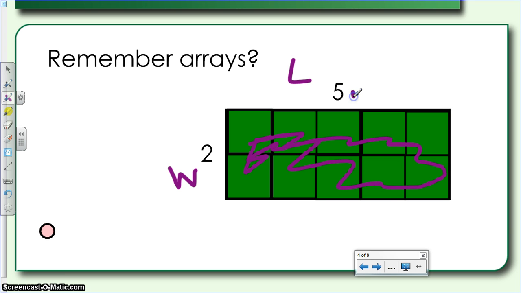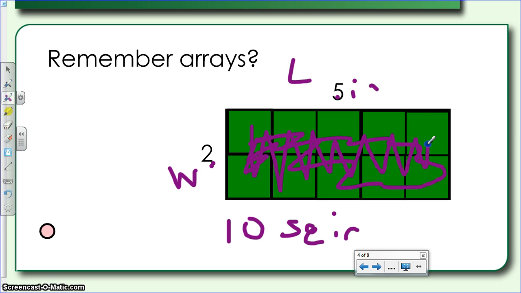So if this is 5 inches and this is 2 inches, then I can say 5 times 2, well, this will be 10 square inches. And basically what I'm doing is building an array inside this entire rectangle.